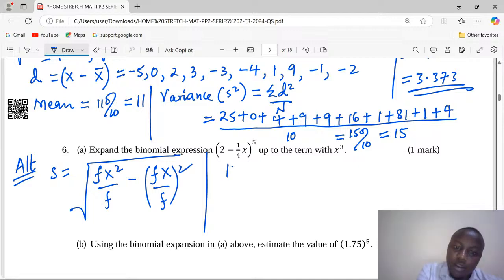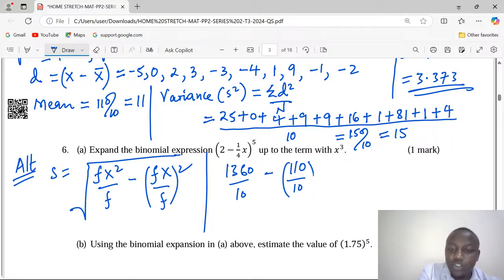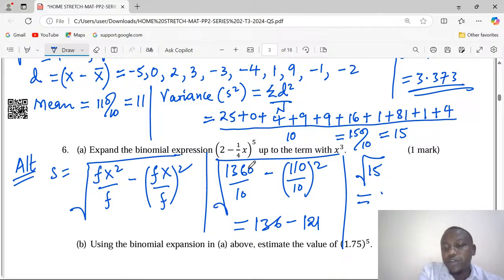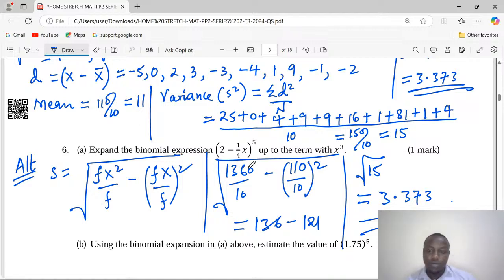So we need 1360 over 10 minus 110 over 10, but this one now squared. Then we generally obtain the square root. This is going to be 136 minus 11 squared, 121. This becomes the square root of 15, which is also going to give us 3.873 to 3 decimal places.